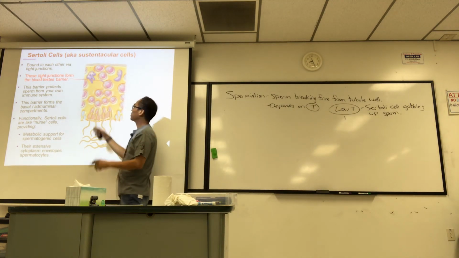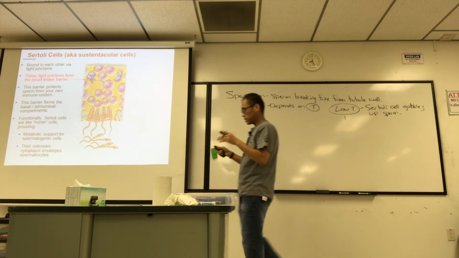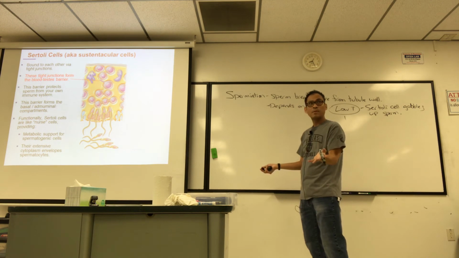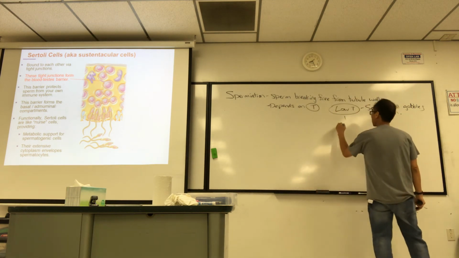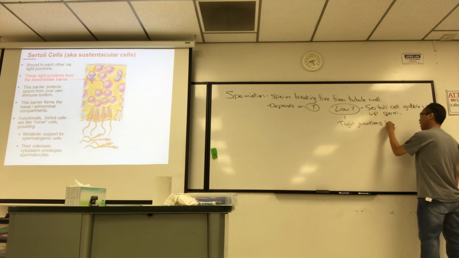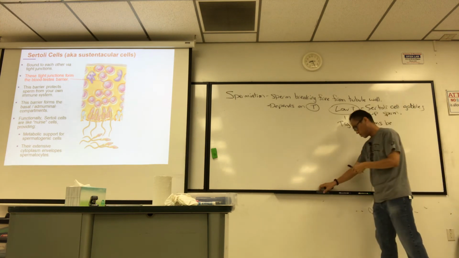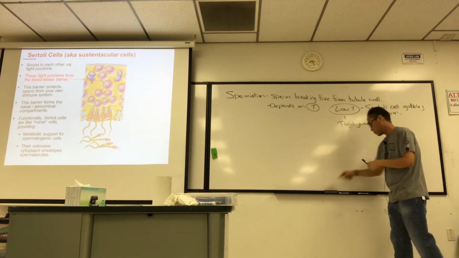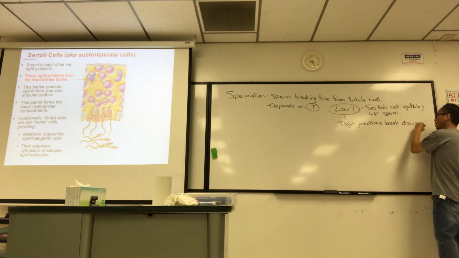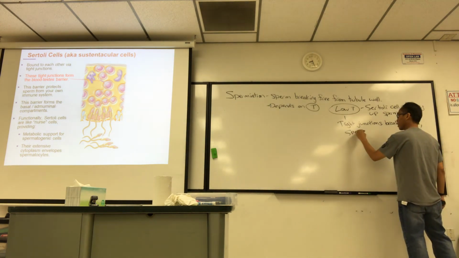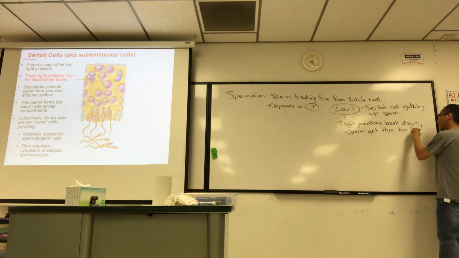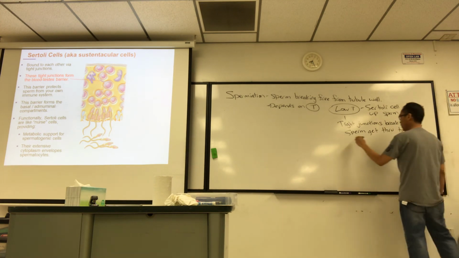With low testosterone, those adhesions can break down, and sperm cells can slip through too quickly and they never develop. Tight junctions break down. Sperm get through too fast. Don't develop.